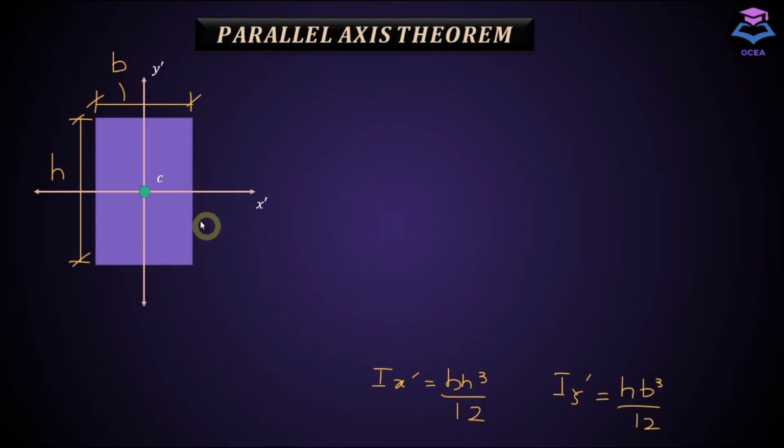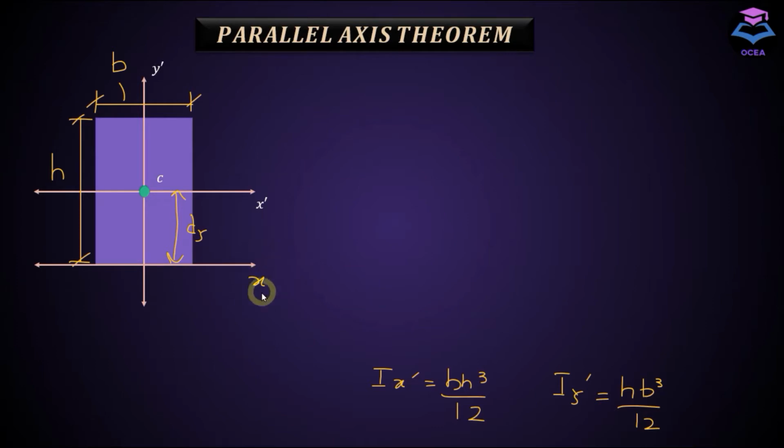So let's say you want to find moment of inertia about an axis which is parallel to this centroidal axis. Let's name this axis x, which is passing through the base of the rectangle. In that case, I'm going to use the parallel axis theorem. Let's assume the perpendicular distance between the two axes is dy.